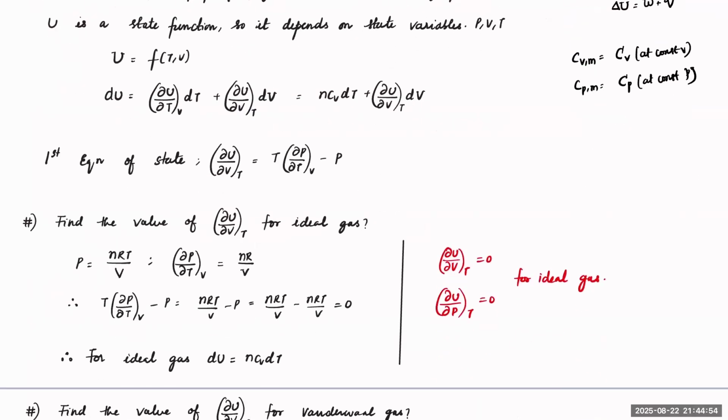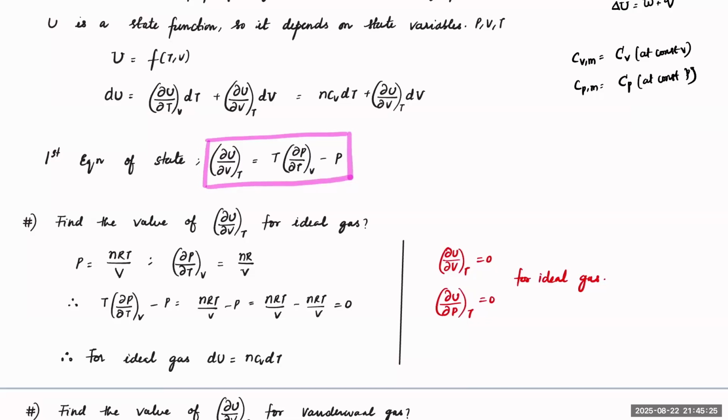Now notice, what is the first equation of state? The first equation of state expresses dou u by dou V at constant temperature as equal to T into (dP by dT) at constant volume minus P. Now we don't have to derive this; mathematically it has already been derived, so we just need to take it up for application purposes.